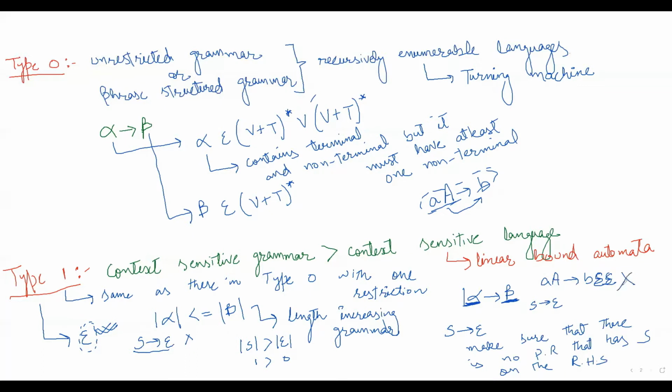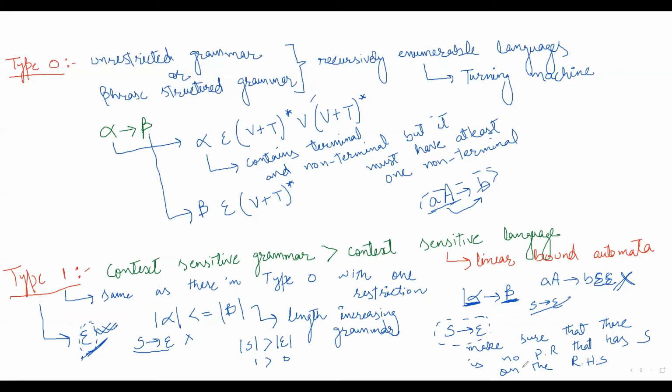That will invalidate our definition of type 1 grammar. So we can make this particular production rule a part of context sensitive grammar if you want to generate epsilon, but you have to make sure that there is no production rule that has this S symbol on the right hand side. Okay, so this is about the type 1 grammar.